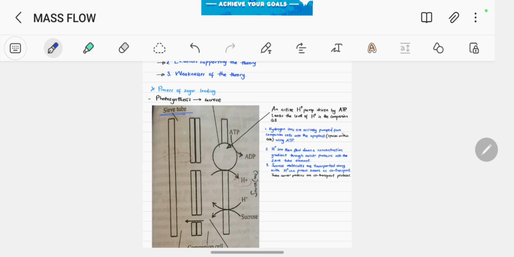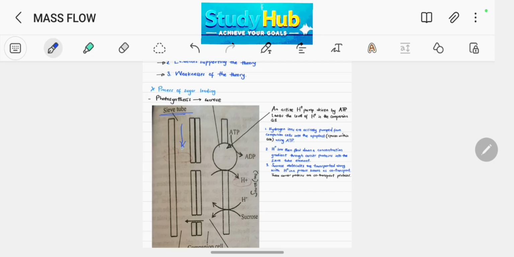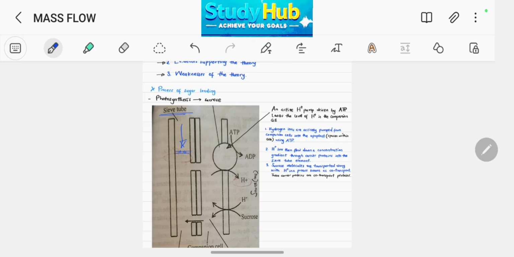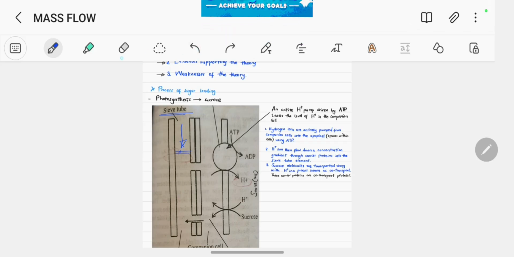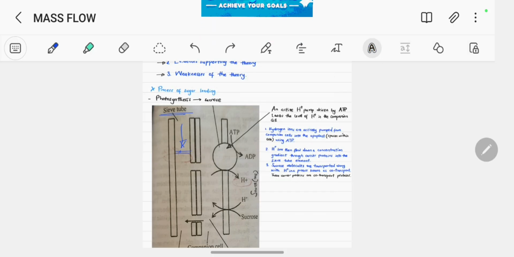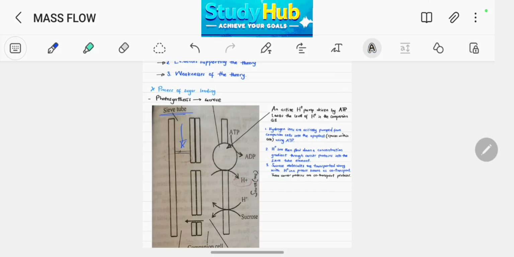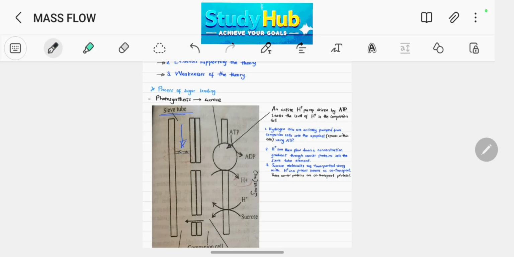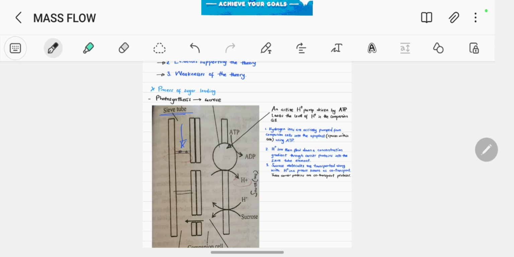So the sieve tube is this terminal there. We have our sieve plates there. So this is the sieve tube. It has sieve plates.